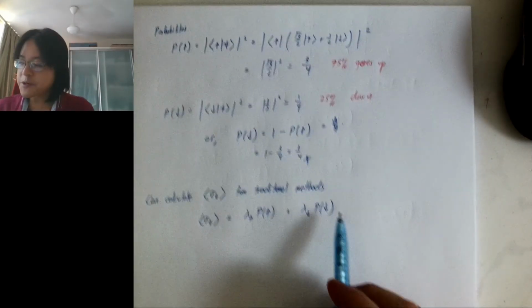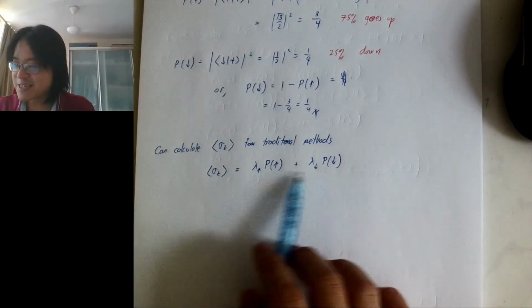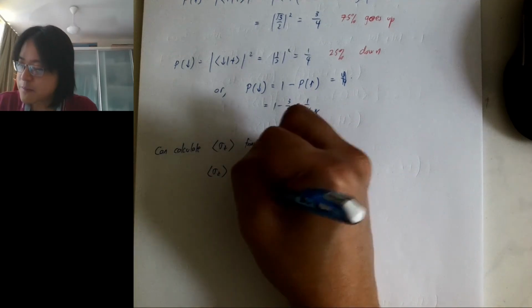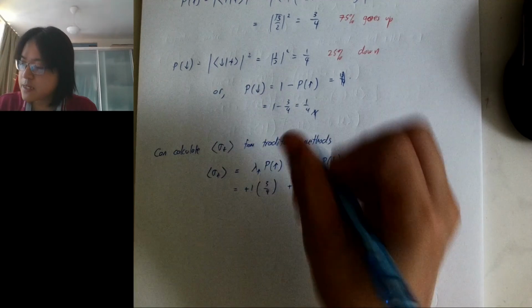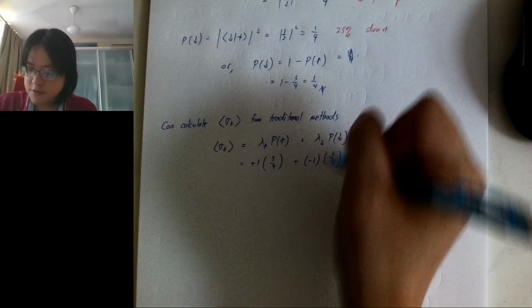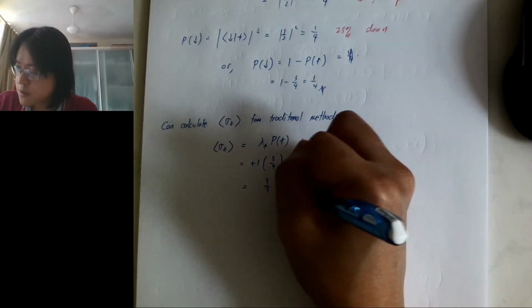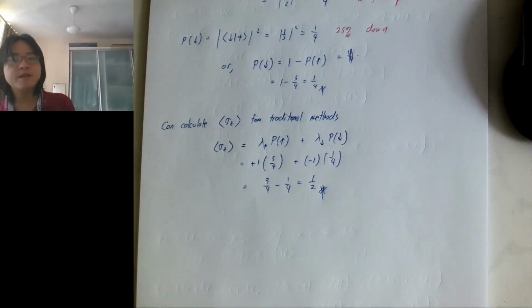I don't know the general notation for the statistical expectation value, but it's value times probability plus value times probability. So the probability of +1 is 3/4, and the probability of -1 times 1/4, so you get 3/4 minus 1/4, so we're back to half, just like what we got just now.